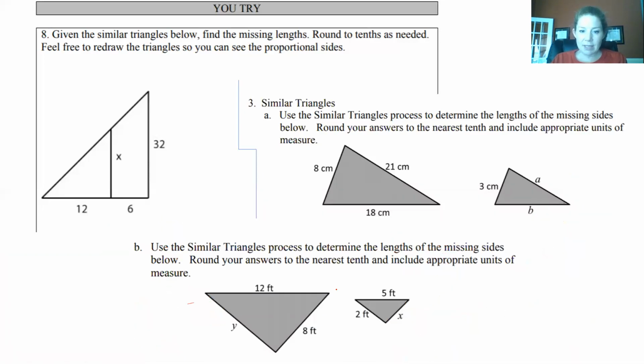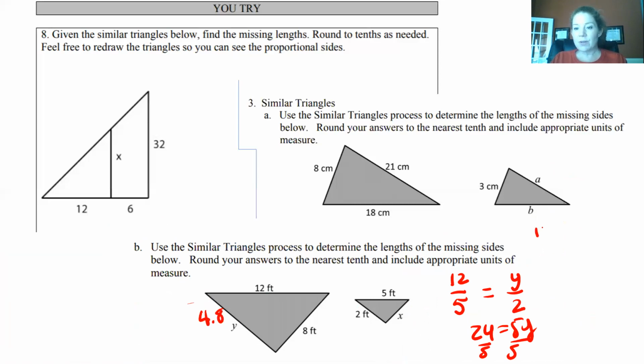And then we have the bottom one. So 12 goes with 5, and Y goes with 2. So 2 times 12 is 24, and 5y. So 24 divided by 5 is 4.8, so y is 4.8.